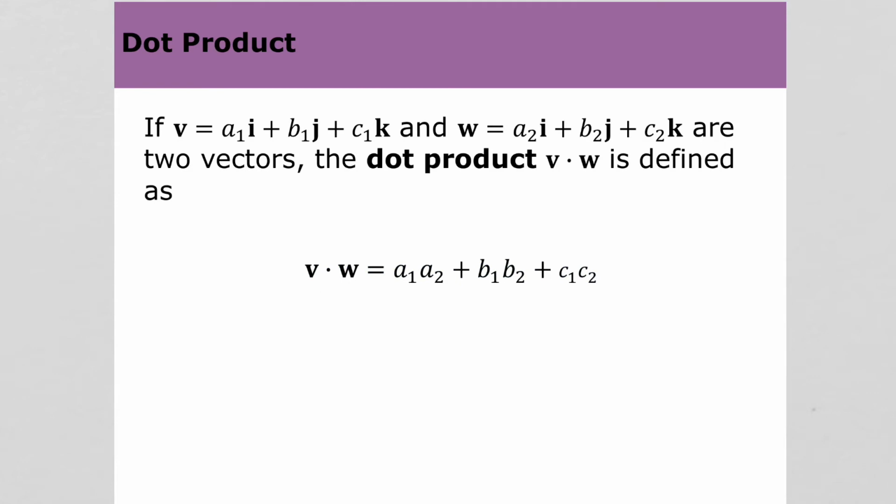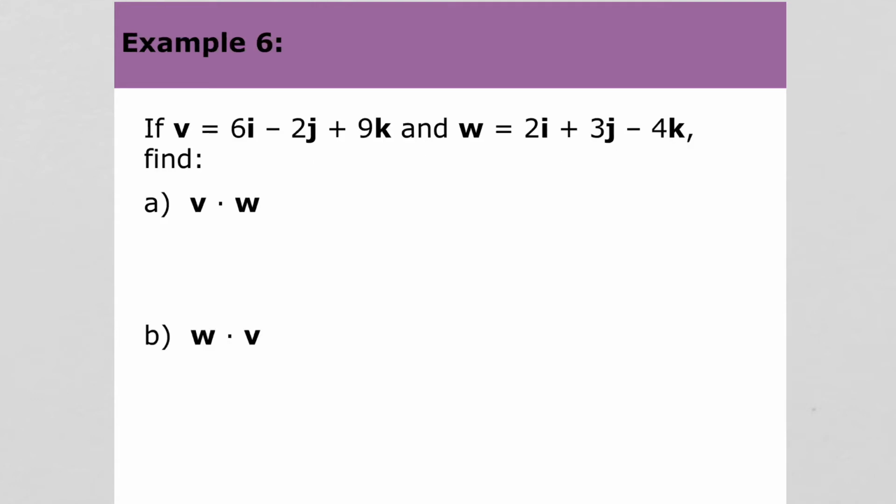Dot product is the same, except you're adding on the end c sub 1 times c sub 2. So the dot product of v and w would be 6 times 2 plus negative 2 times 3 plus 9 times negative 4.